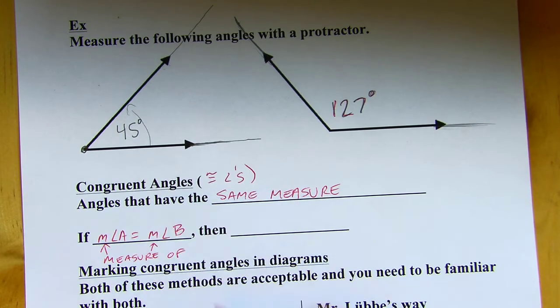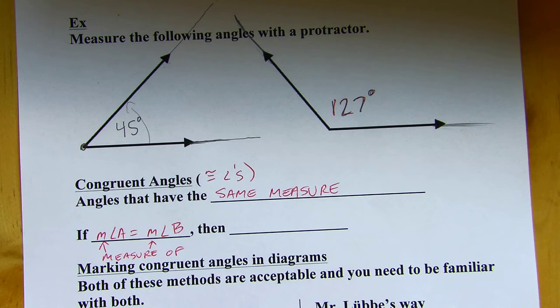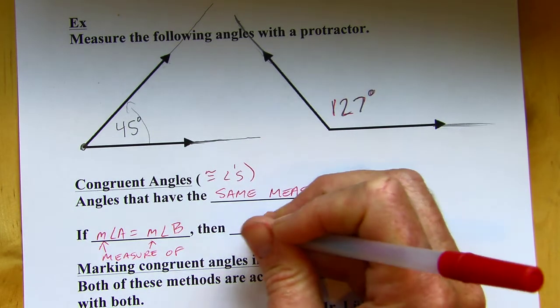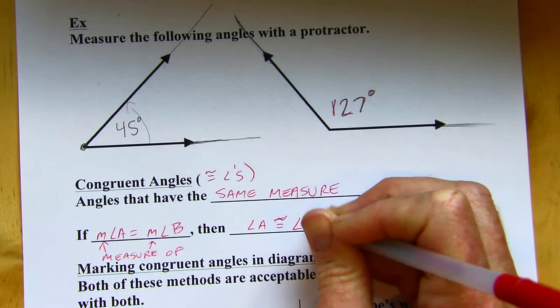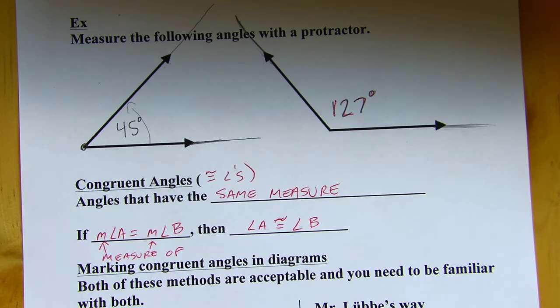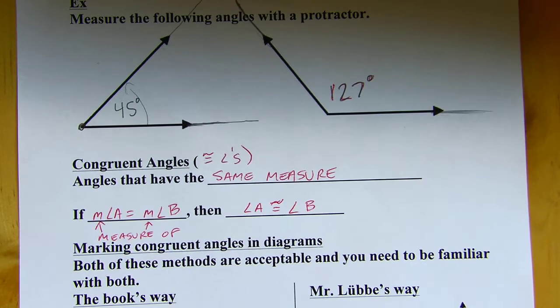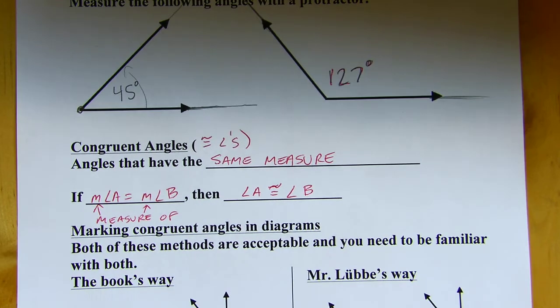So if the measure of angle A is equal to the measure of angle B, then angle A is congruent to angle B. So a little equal sign with a little squiggly above it, right? So those angles are congruent, the measures of them are equal, okay?